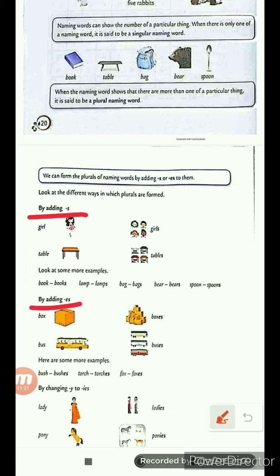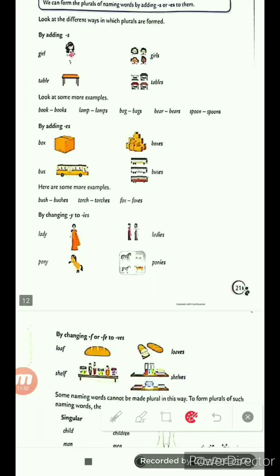When the last letter of the naming words is X, S, CH, SH, SS, we will add ES to the end of the naming word to make it plural. Next is Y, that we will make plural with IES.